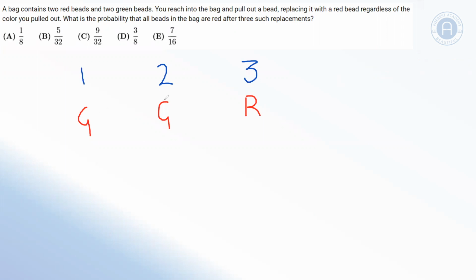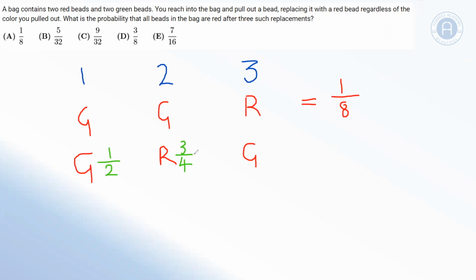So we need green, green, red, which we worked out to be 1 over 8. But if we look at another possibility, say green, red, green: the probability of pulling out the green to begin with is 1 over 2, because there's 2 out of 4 greens. The probability of pulling out a red at this point is going to be 3 over 4. Remember, in that first example, when we got to the red, the probability was certain.